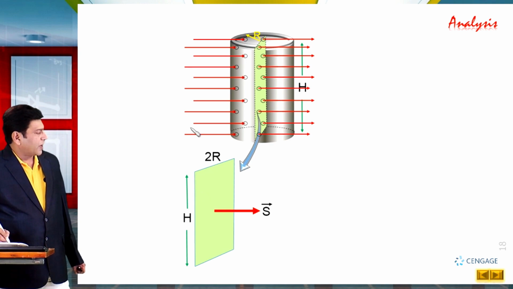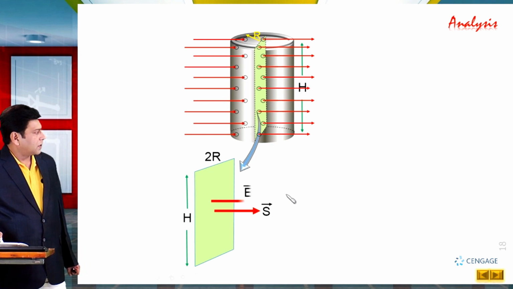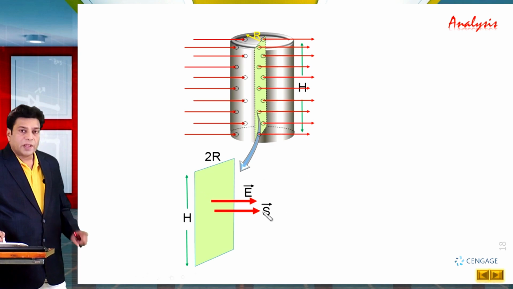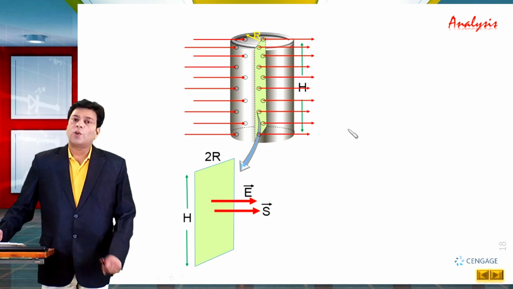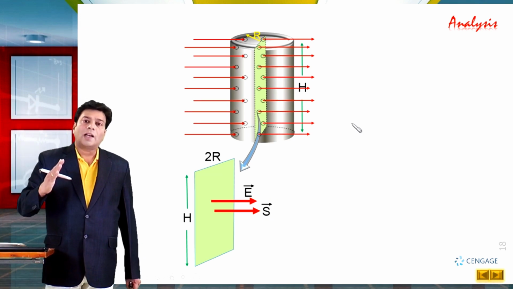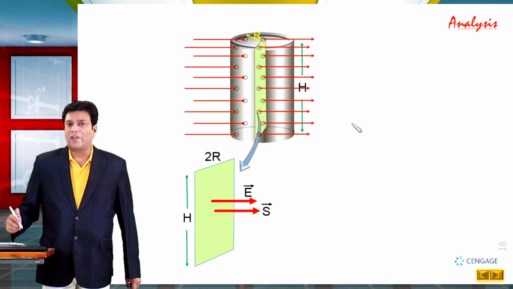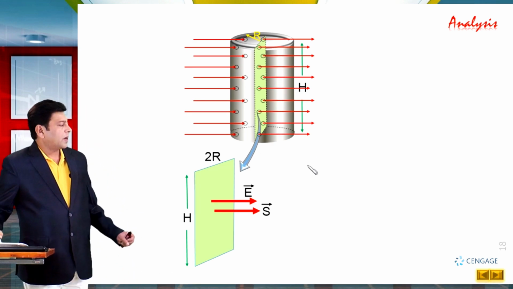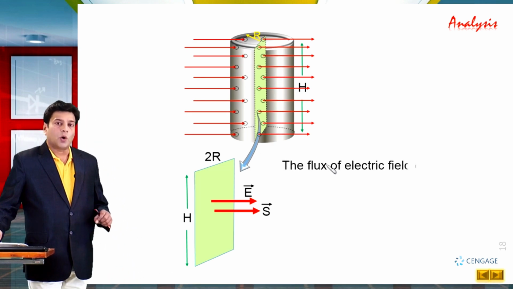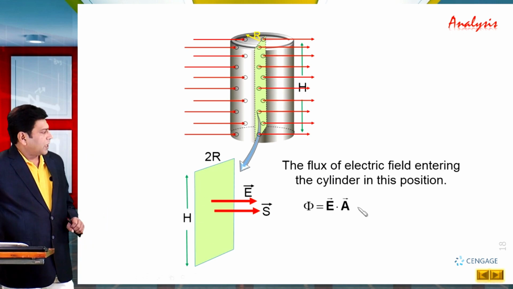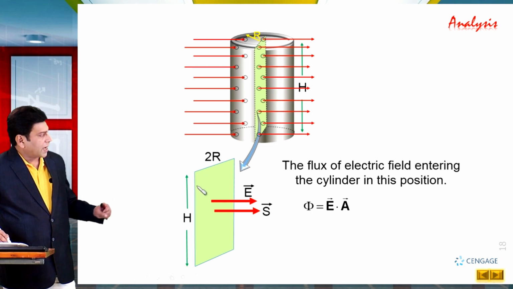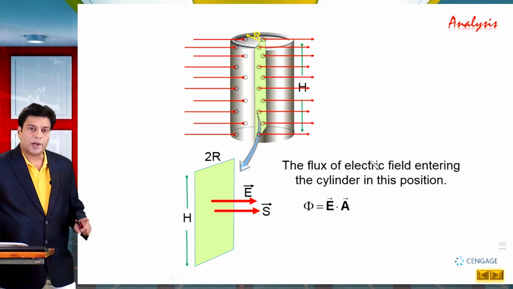So here we can make the electric field vector parallel with the area vector, and we know the formula for the electric flux in a uniform electric field and plane surface. We can write phi equals E dot A, where A is the area magnitude, and you can observe from this diagram that it is equal to h multiplied by 2r.